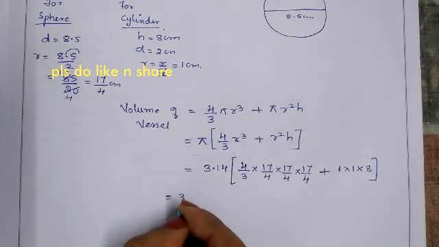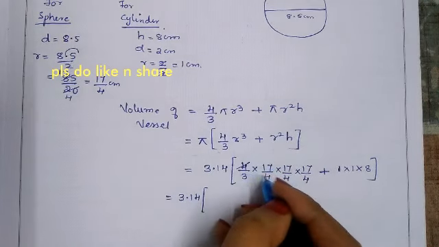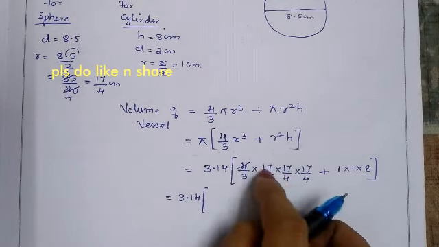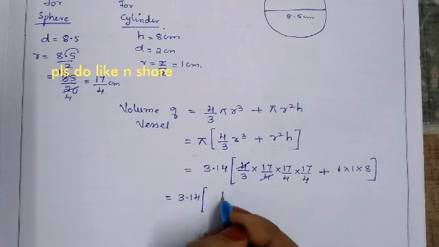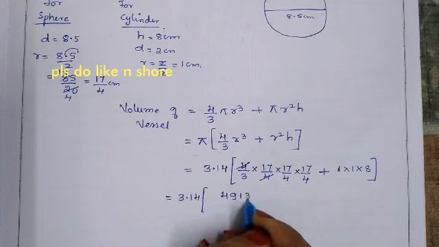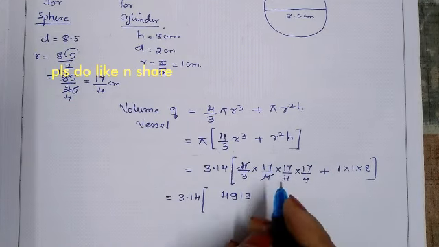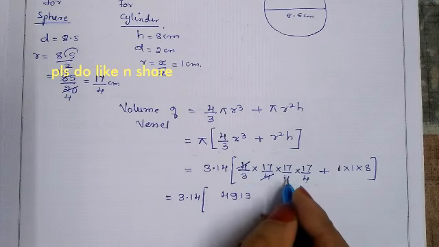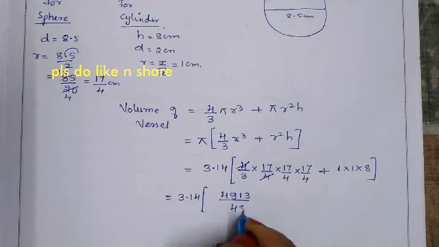Now 3.14 as it is. Here we can cut one 4. 17 into 17 into 17, that is 4913. 4 4s are 16, 16 3s are 48.